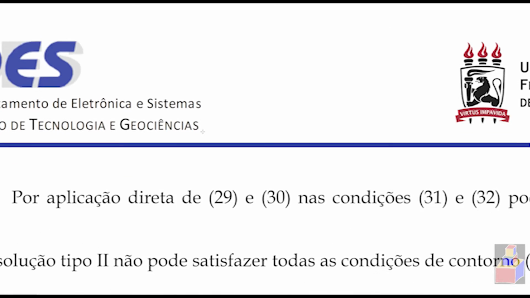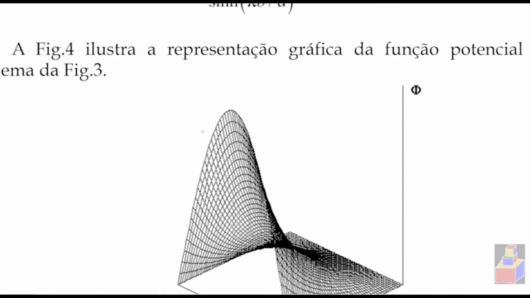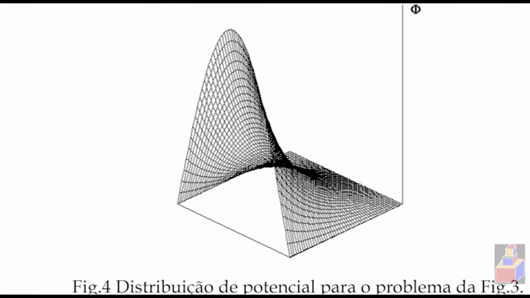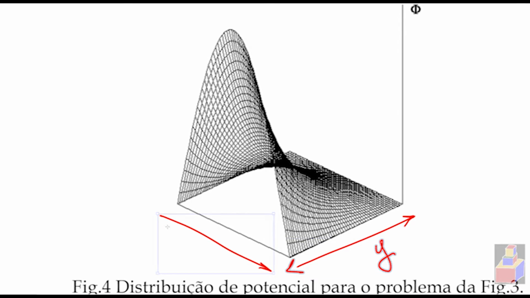Now, I'll just show you the picture that you can see in MathCAD. This plot here, this is y, and this is x. This is the function in x, at y equals 0 here.